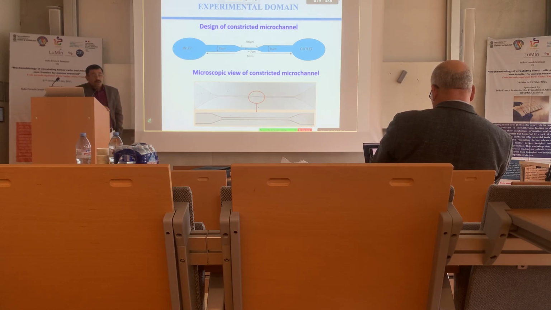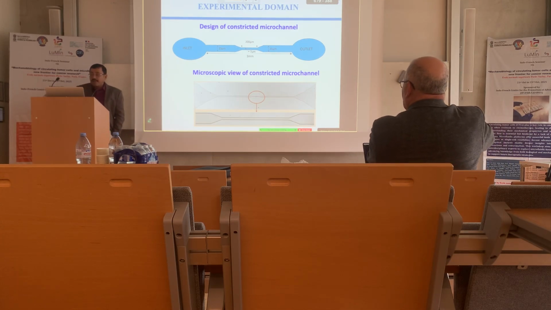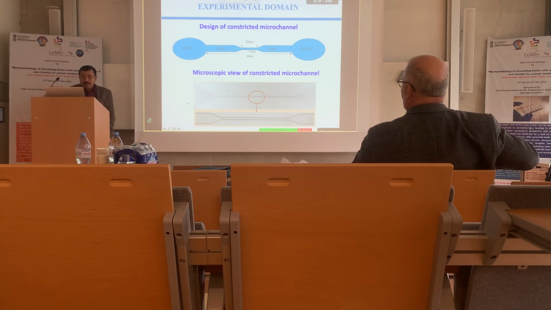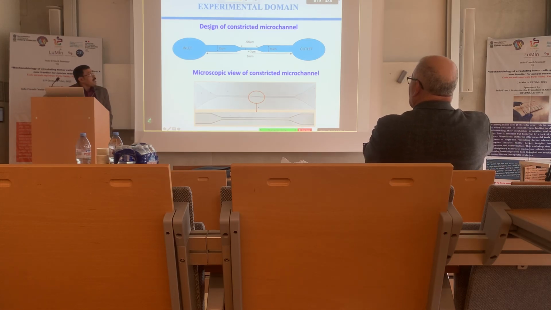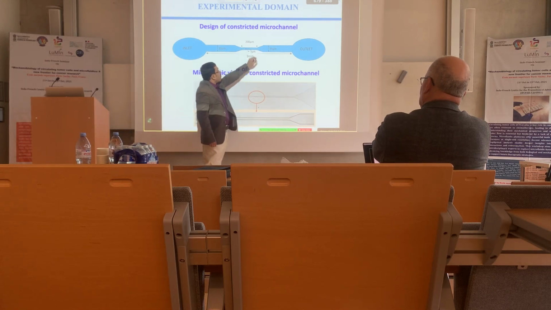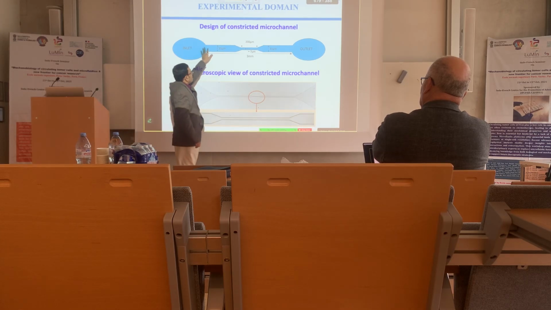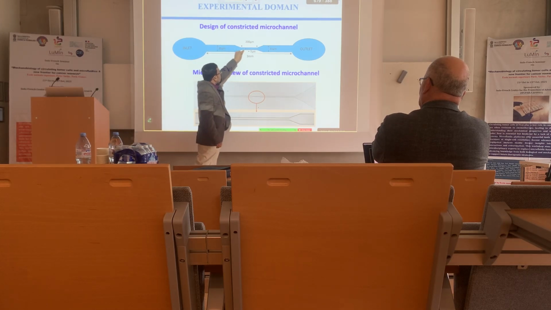Now to mimic these pulmonary capillaries, we designed this microchannel. You can see this has a dimension of 7 micron. This is the constricted passage, and this is the inlet and outlet, and these are capillaries, which then go to 7 micron.